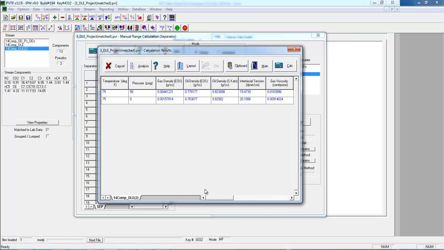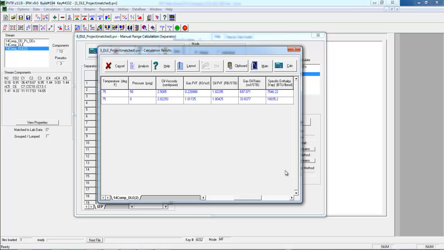And the software will give you the oil density, which is the most important thing you need here, from equation of state, and oil formation volume factor and gas oil ratio.